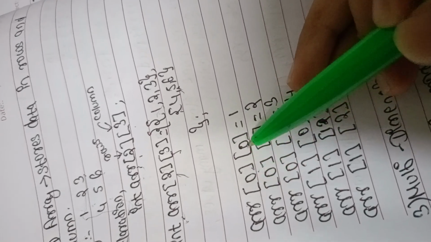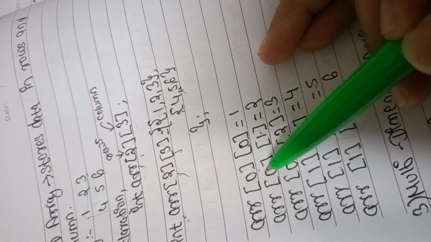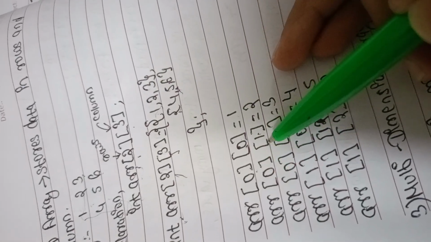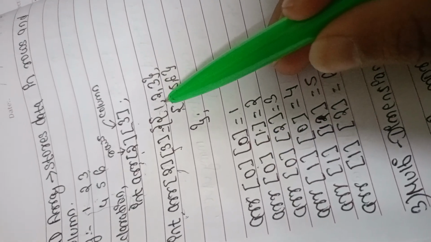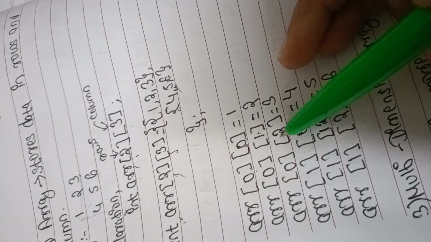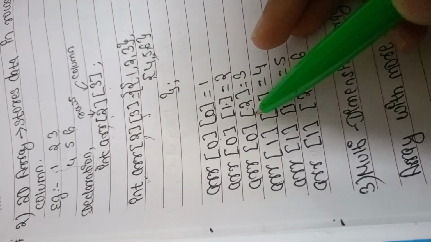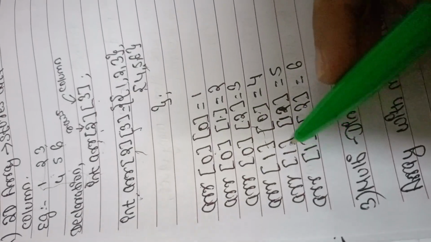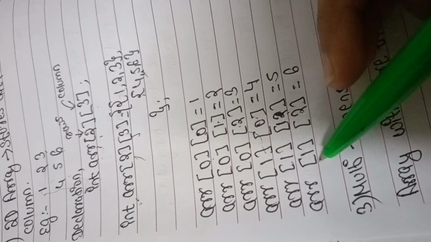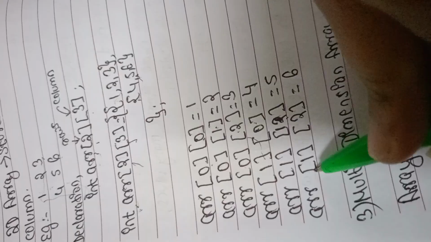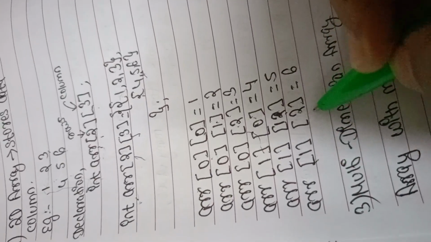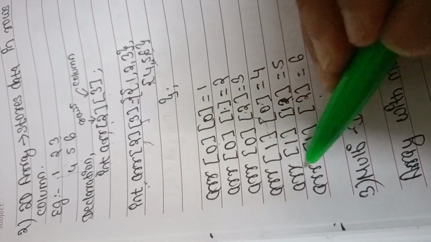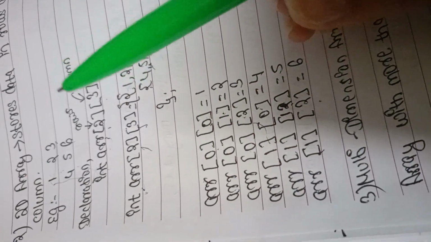Row 0 column 0 is 1, row 0 column 1 is 2, row 0 column 2 is 3. Now again, row 1 column 0 is 4, row 1 column 1 is 5, and at last row 1 column 2 is our value 6. This is how we can print it in our VS Code.